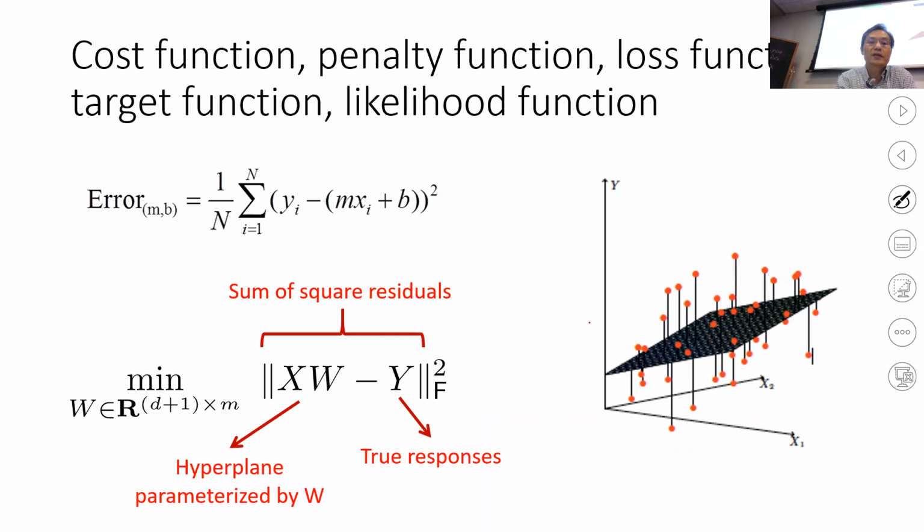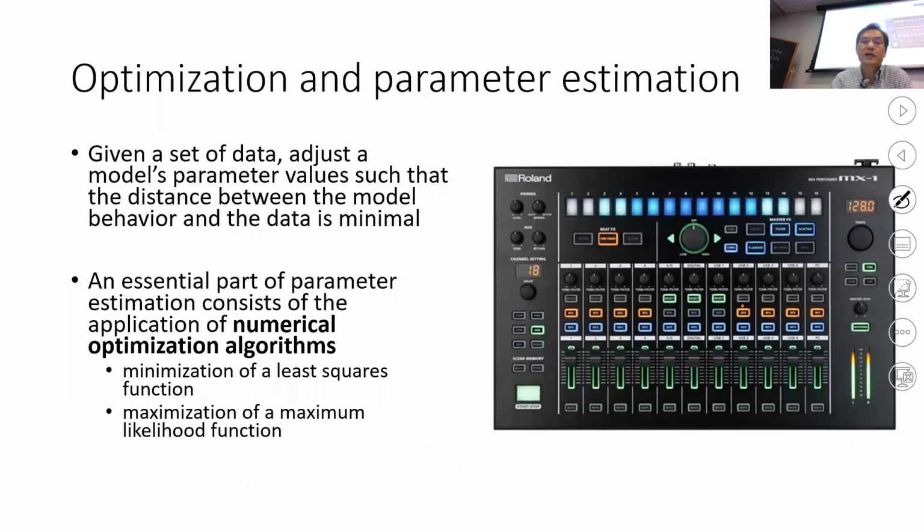You can write this as RSS using the L2 norm, the square root of the norm, and this value is the sum of the differences between observed and predicted, and that's your likelihood function.